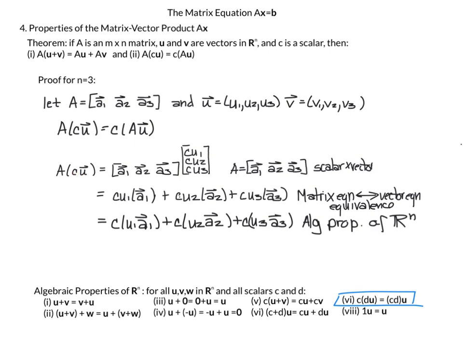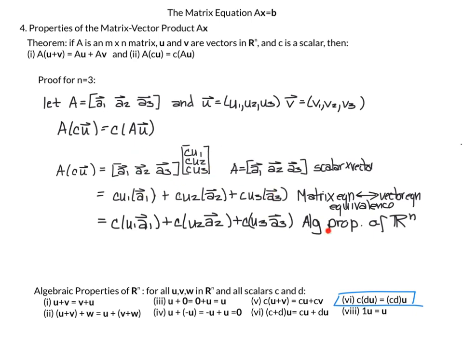And then I'm going to write CU as CU1, CU2, and CU3. And now using my definition of how to multiply my matrix times my vector, I'm going to have CU1 times A1, CU2 times A2, and CU3 times A3. And these two are equivalent. This matrix equation is equivalent to this vector equation.